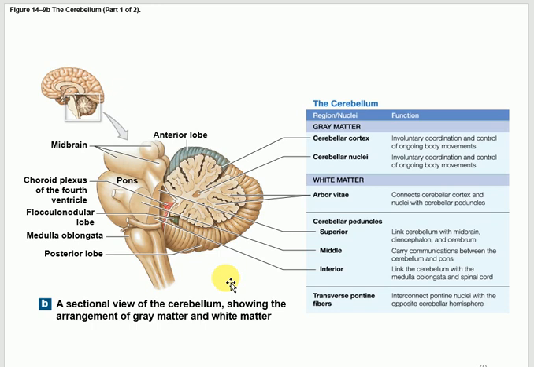Look at the white matter. Doesn't it look like a tree? You see how it's branching like a tree? This is how the arbor vitae, or the tree of life, looks. So what's the arbor vitae? The white matter, looking like a tree inside, which contains the nuclei.